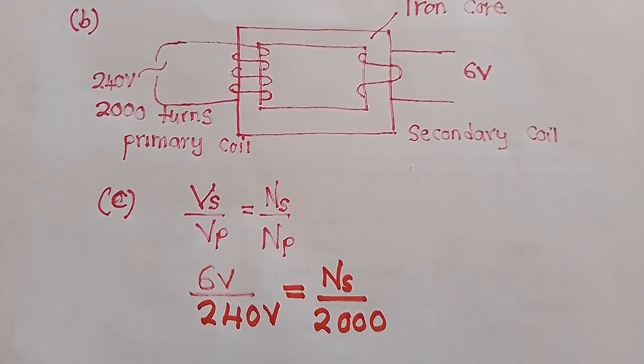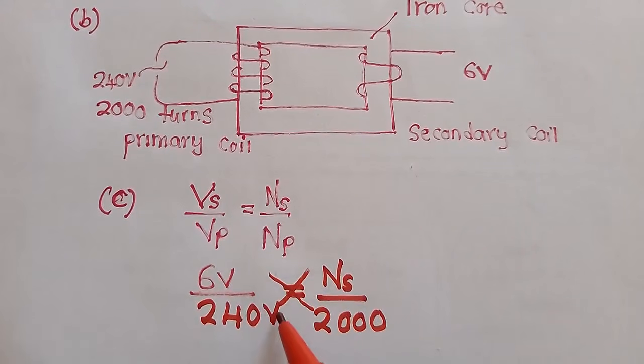From here, I cross multiply. When I cross multiply, the V will be cancelled. So I say 6 times 2000. Your answer is 12,000.